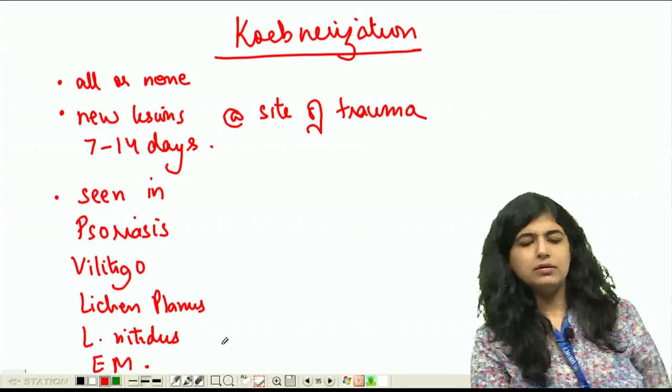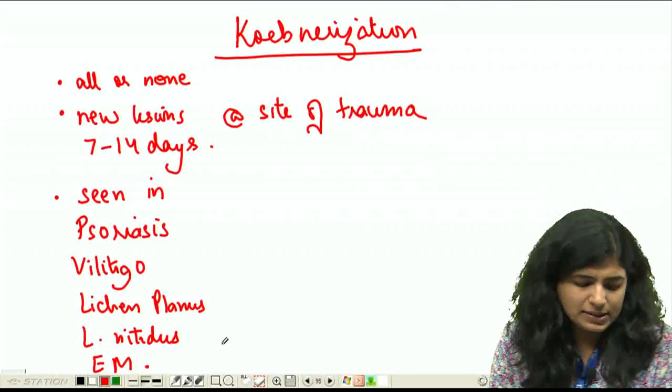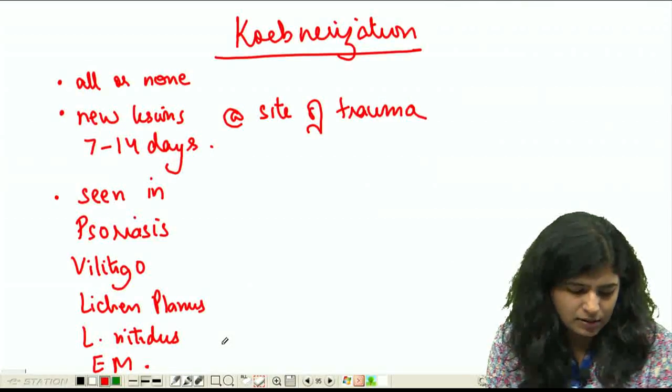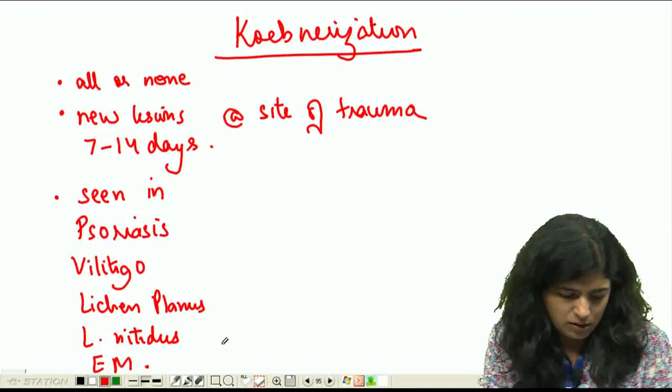So these are all the causes of Koebnerization, new lesions happening at the site of trauma.